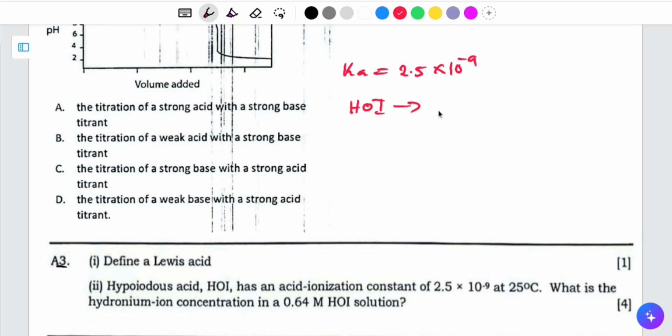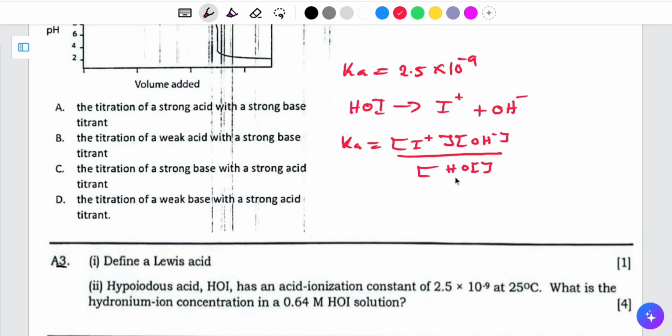We are going to have iodide plus the hydroxide ions. So in terms of Ka, we have the products, which are iodide and hydroxide ions, divided by this acid here.